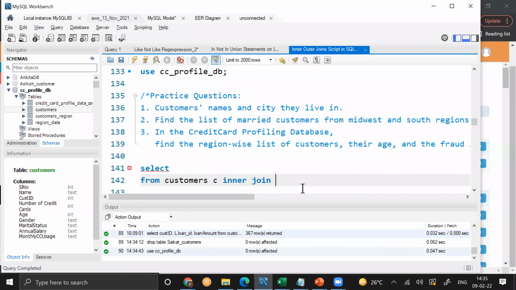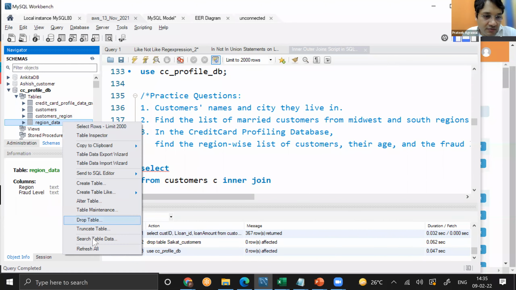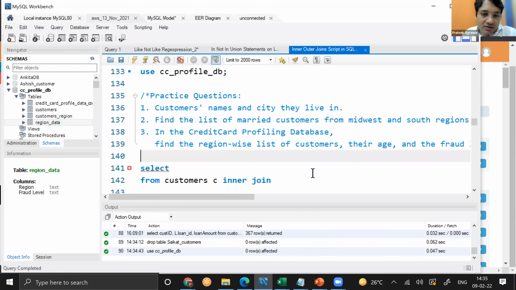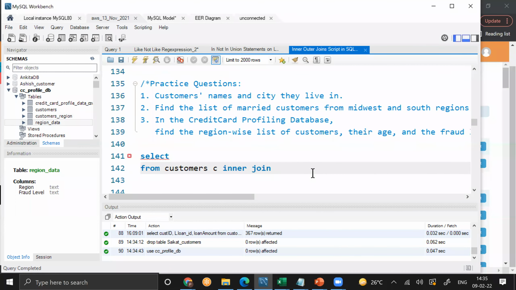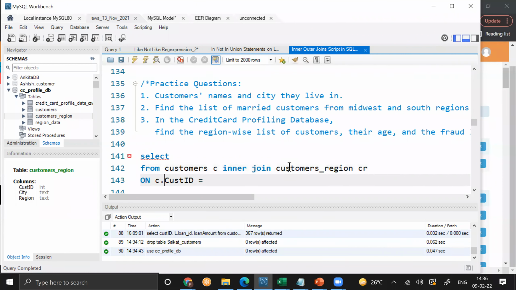From customers C, inner join customers_region, CR, on C dot cust ID is equals to CR dot cust ID.